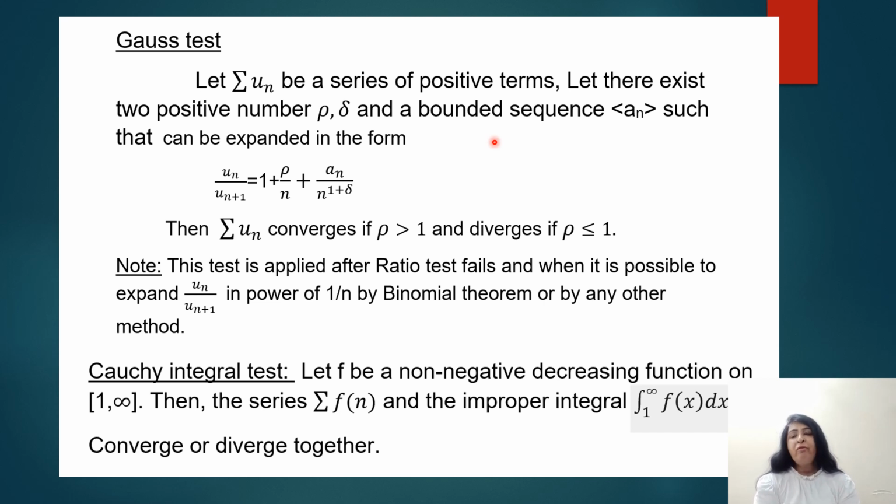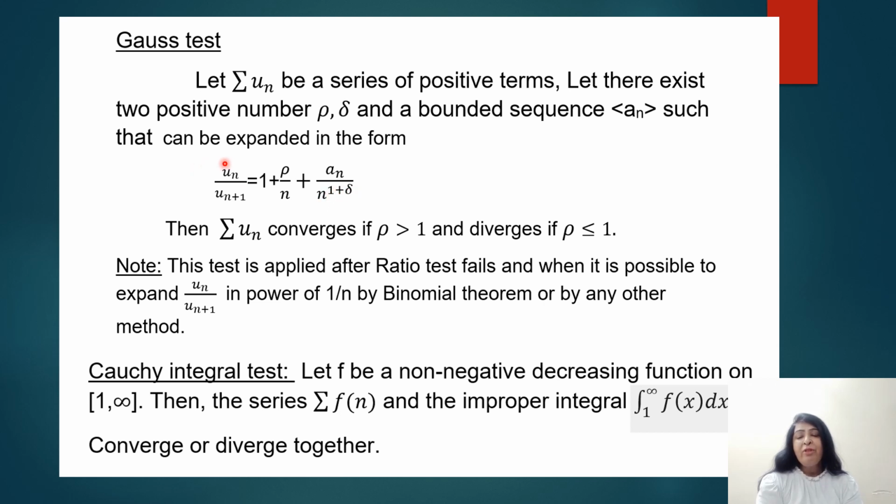So here again in the Gauss test, if un is given as a series of positive terms and you have two positive numbers rho and delta, and you have the sequence an which is bounded such that it can be expressed in the form un upon un plus 1 equal to 1 plus rho by n plus an divided by n raised to power 1 plus delta.